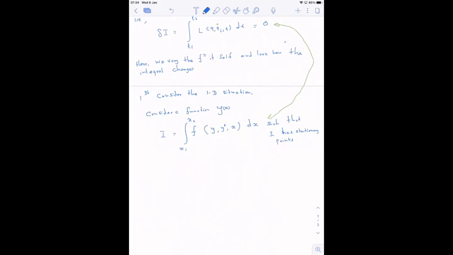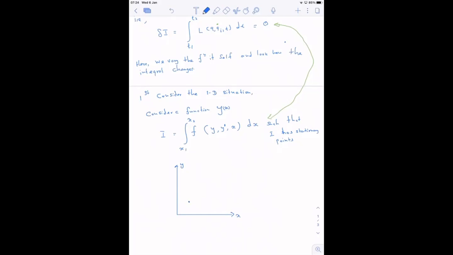Now it's easier to draw it actually and show it to you because it's only for the 1D case. So this is my y-axis. Take this as x and this is y. So there is a point right here.